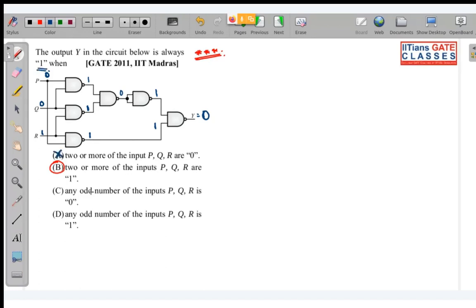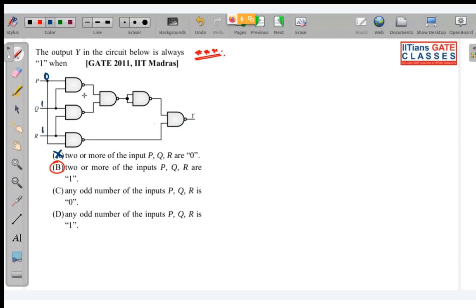Now look at what is said. Any odd number of PQR is 0. If I have to take odd, 1 is an odd number. So I am taking just one 0 and remaining all ones.